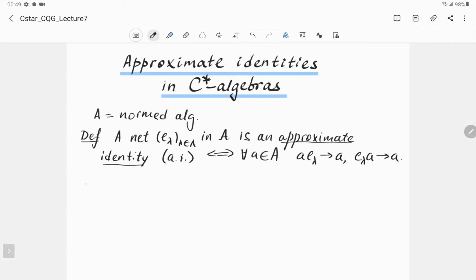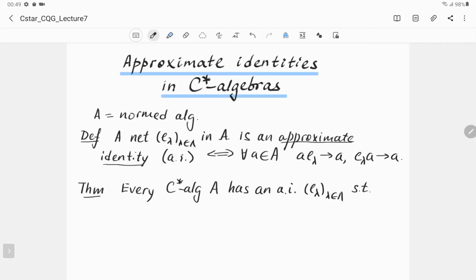Okay, so we have the following theorem. Every C-star algebra A has an approximate identity e lambda, such that e lambda satisfies the following conditions.